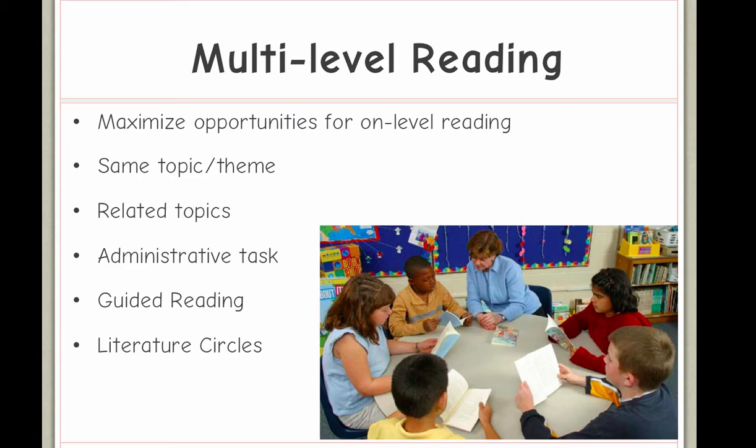And so in terms of multi-level reading in a differentiated classroom, we can actually put kids into a literature circle who have read different texts, but the topic is the same, and they can still engage in a conversation about the topic or the person or the point of history and so on. So we can talk about that later if you have some questions about literature circles. There are some great resources to help you set that up.